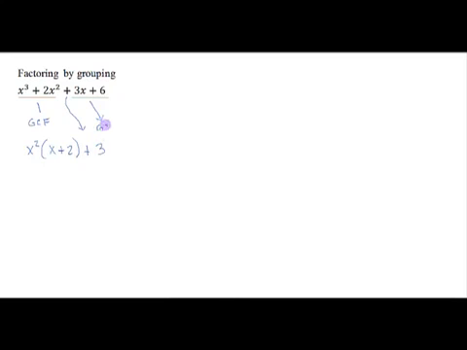So the greatest common factor 3 is going to go there. And what would we be left with? An x plus 2. Now we see we have this term, and we have a binomial greatest common factor that can come out of x plus 2, and we're left with x squared plus 3.